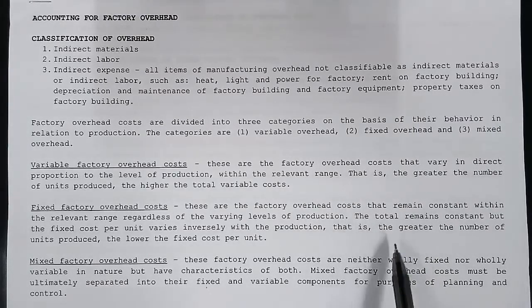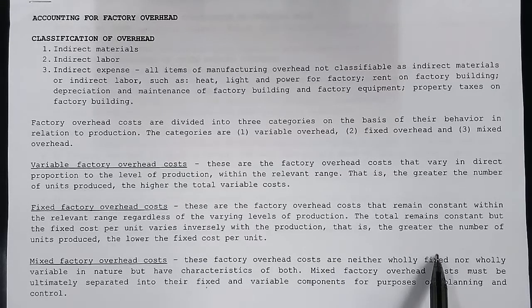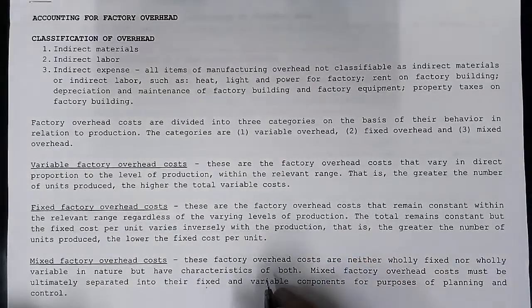And the effect on the fixed cost per unit is that the more production units increase, the smaller the fixed cost per unit becomes. So, what is an example of fixed factory overhead? A popular example is depreciation of factory building.